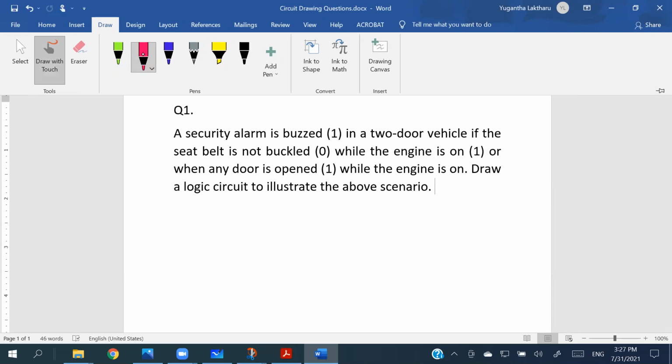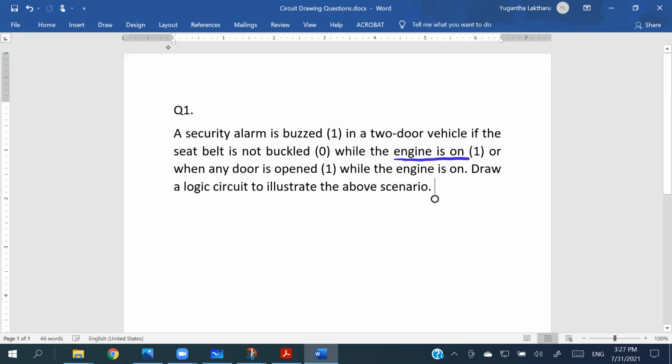So here, what they are trying to say is a security alarm is buzzed in a two-door vehicle if the seat belt is not buckled while the engine is on, or when any door is open while the engine is on. Now, you have been tricked a little by saying this engine is on thing in two different places, right?